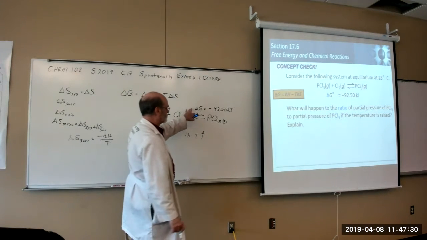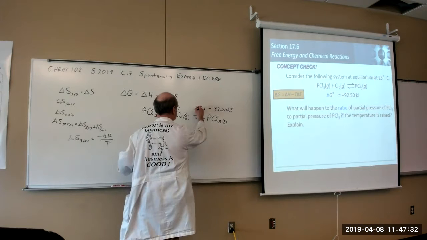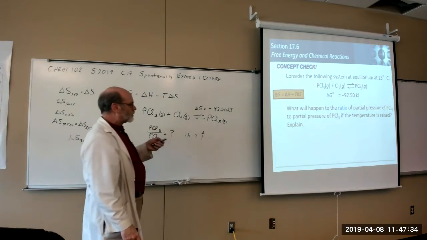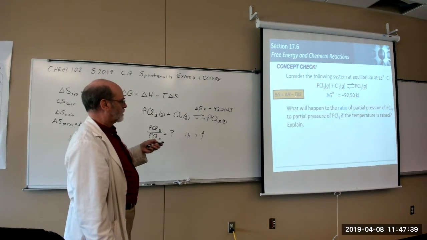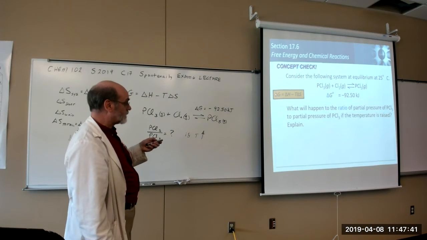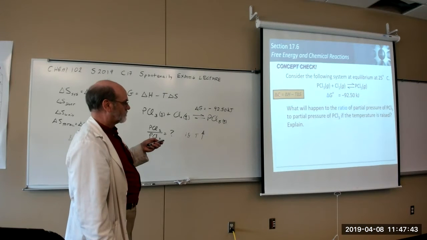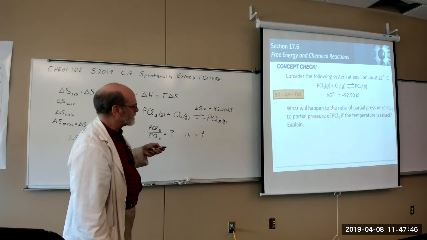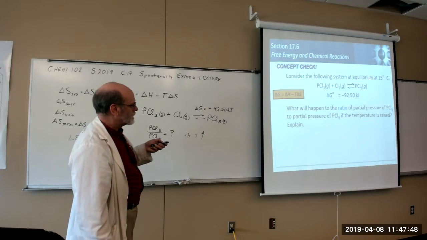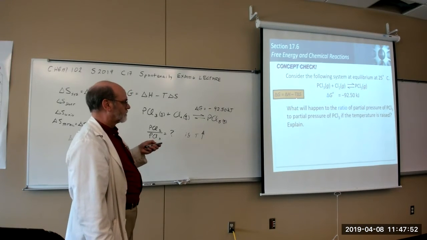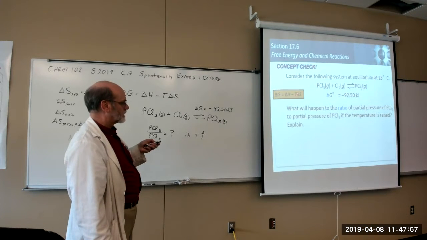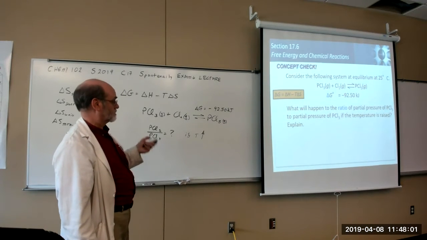This is negative. Delta G is negative, we definitely know that. The temperature would be increased from 25 to whatever. If we increase the temperature, that's a positive change.